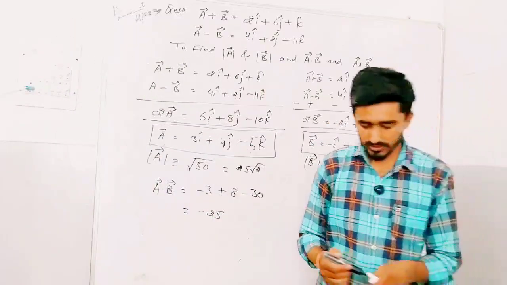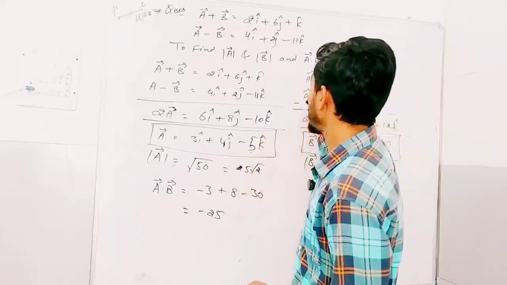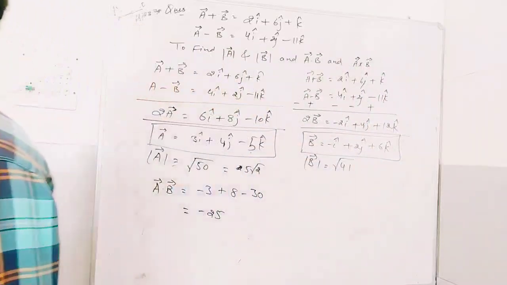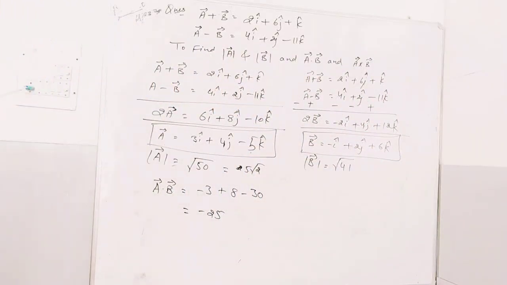If you want to note it, this A dot B, now I have to calculate this A cross B. A cross B is remaining. Note it down faster so that I can erase it.